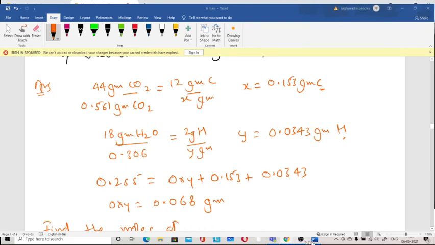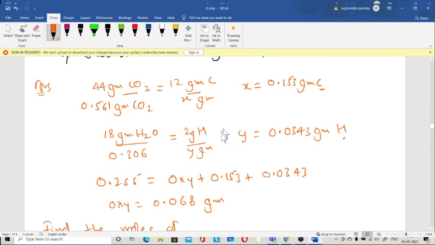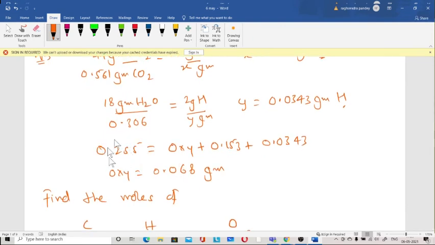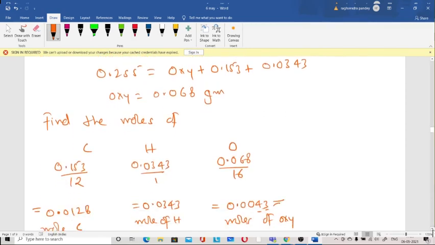Yes, sir. Okay, so we have calculated water and hydrogen, so that is your hydrogen. The rest is your oxygen. The calculation: 0.255 is the total weight of the alcohol. That is your hydrogen, and then carbon, so that is your weight of oxygen. Then the next step is to find the moles.